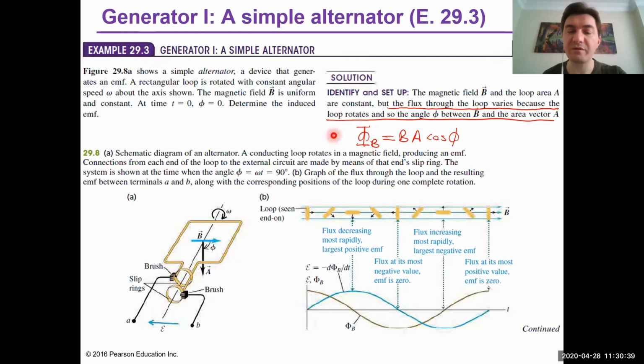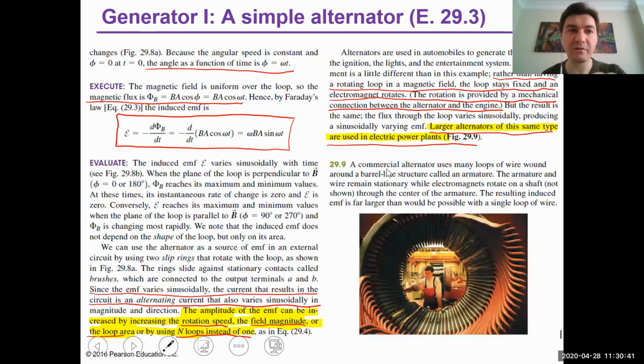So this will produce EMF. So what is phi? We can write phi like this, omega times t, okay? Just put that phi here. This is the flux, BA cosine phi. Instead of phi, put omega t, and we have here BA cosine omega t.